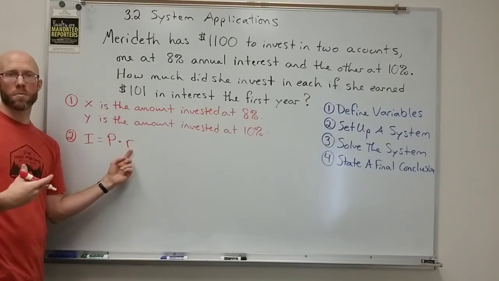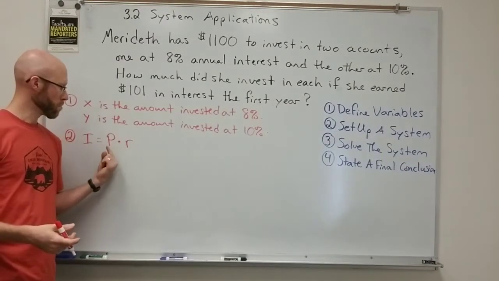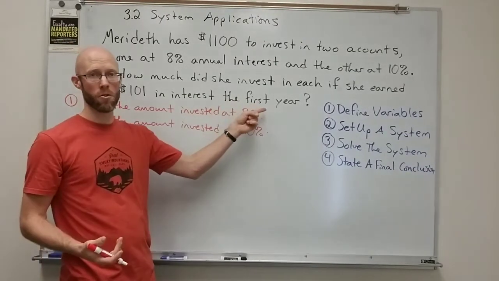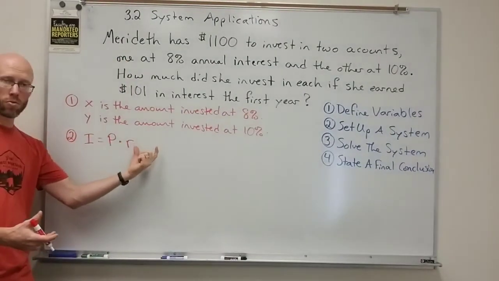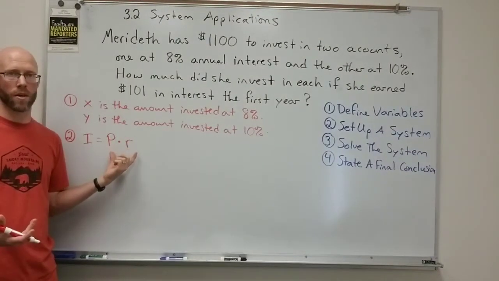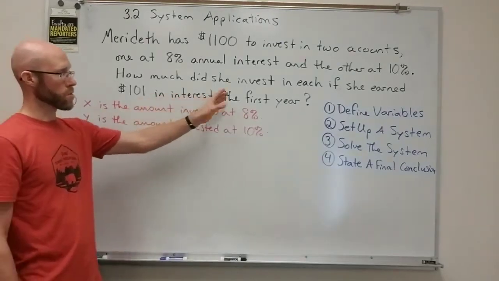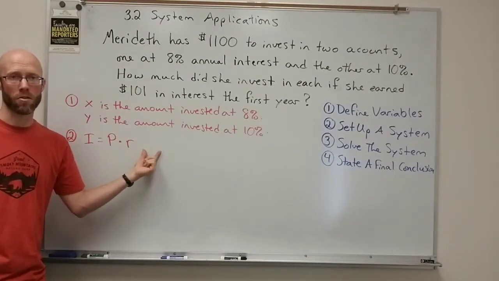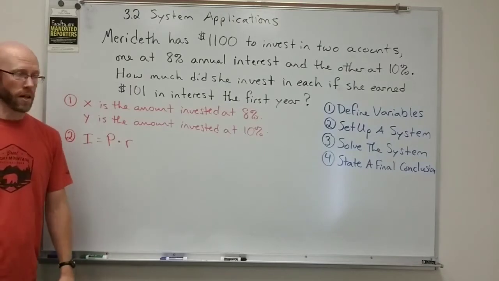There's also the simple interest formula where we factor in time: principal times rate times time. But here everything is taking place in a single year, so the time is 1, and multiplying by 1 gives you the same thing, so I'm going to ignore that for now. If this were taking place over a multiple year period, you would want to also multiply by a time factor, t. Okay, so that's my interest formula.